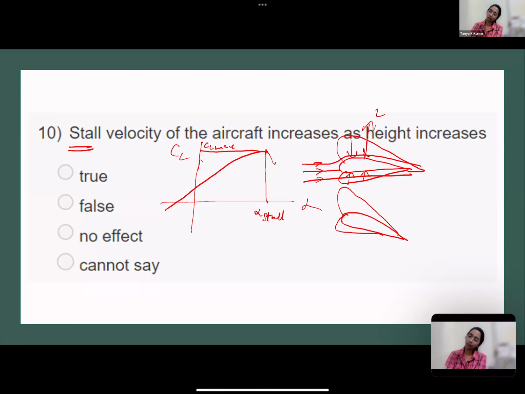The air is flowing on the upper and lower surfaces, which is why you have this pressure difference. When I increase the angle of attack, what happens?